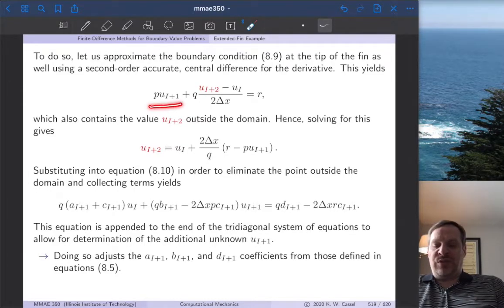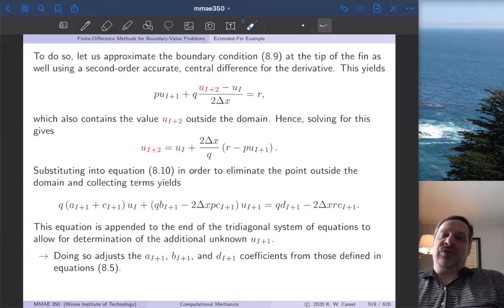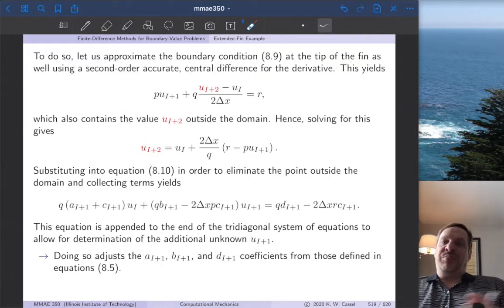So we have P times u at I plus 1, plus Q times du/dx. The second-order accurate central difference approximation there would be u at capital I plus 2 minus u at capital I, over 2 delta x, equal to our R. What you notice, again highlighted in red, is that the boundary condition also includes this u at capital I plus 2 term. So we're going to solve for that from the boundary condition, which is what you see here, and then plug it back into the u at capital I plus 2 term in our finite difference equation.